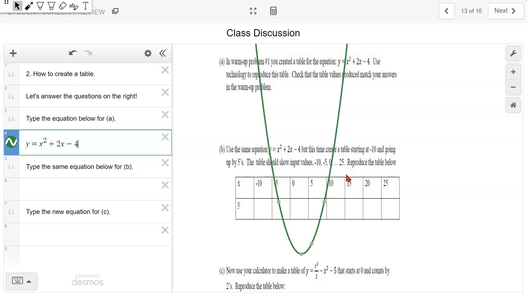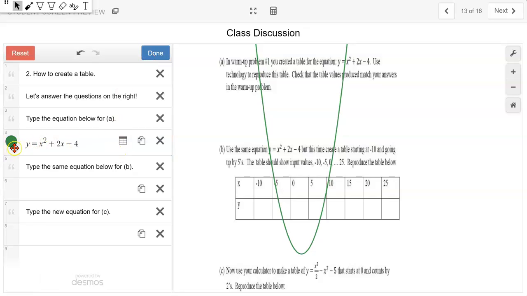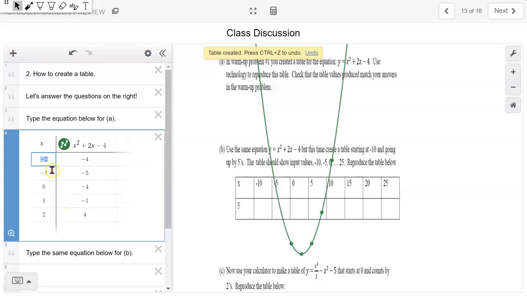But we want a table. We did a table from -3 to +3, right? So all you have to do here is, after you type the equation, click on the edit list here on top. So click on that, and then on that equation, click convert to table. So click on that and you will see this as a table. So we want from -3 to +3.